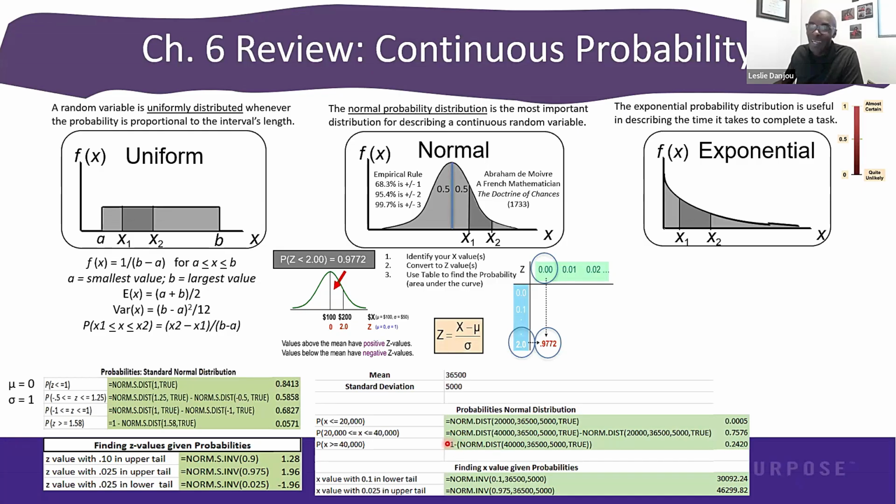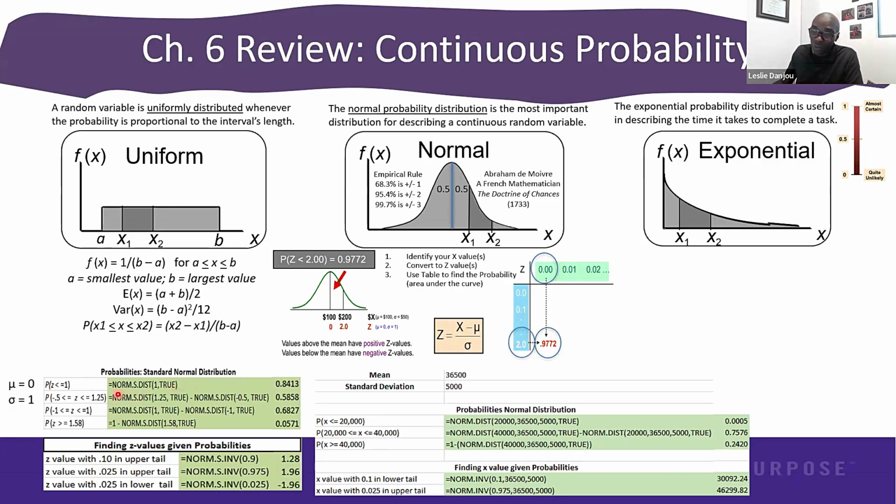We can also go from X to probability using the normal distribution, or from Z to probability. Or, going back in my day, we would go X to Z to probability, do the calculations, and then go to this table right here and find it.